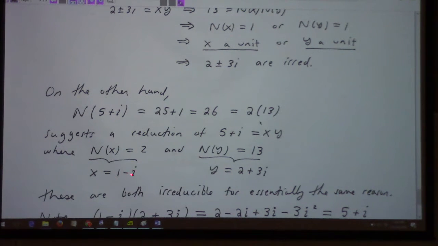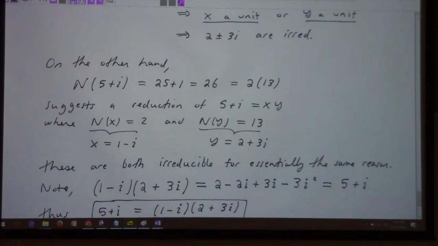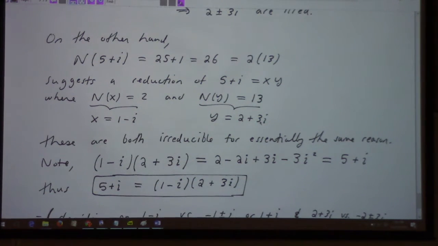So I decided on 1 minus i and 2 plus 3i after some scribbling. When I multiply this, I get 2 minus 3i squared, which is 2 plus 3, which is 5, and then minus 2i plus 3i, which is plus i. That's how I knew to look for that. I was looking for something with norm 2 and norm 13, so that greatly reduces the tinkering.